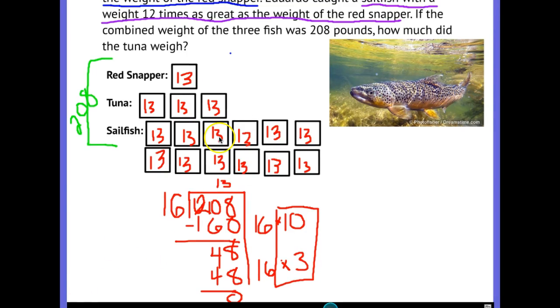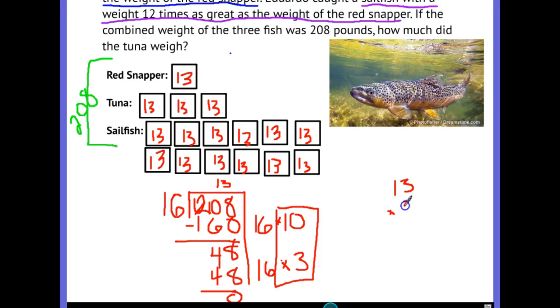Alright, so when we fill in all of the boxes with our quotient here, which is 13, we took 208 and split it up equally amongst all these boxes, and so each box has 13. Now that 13 actually represents the weight of each fish. So the red snapper weighed 13 pounds, and then the tuna weighed 3 times more than that, so we're going to have to do 13 times 3.